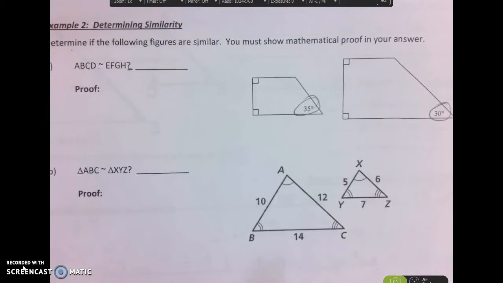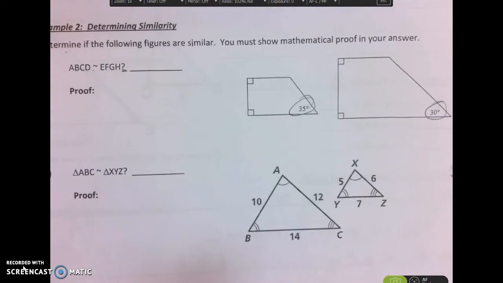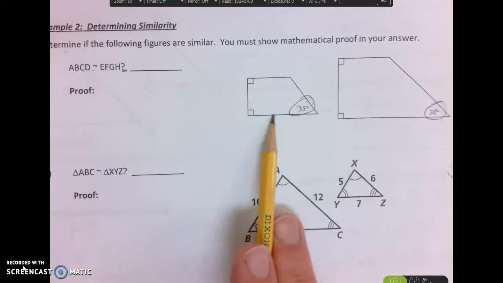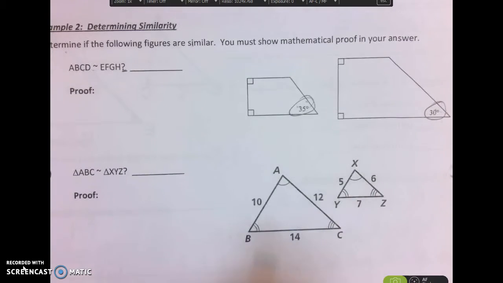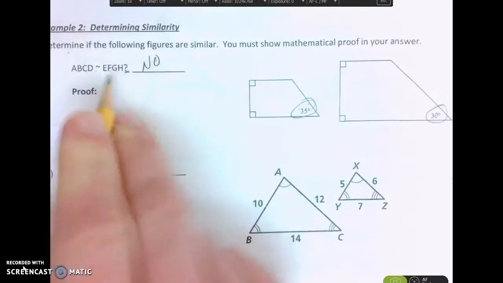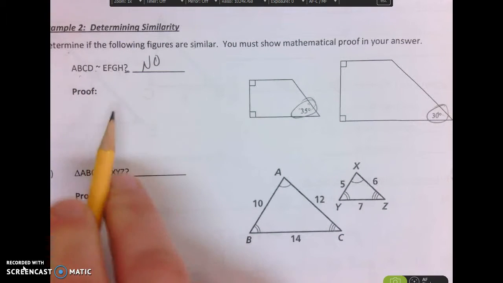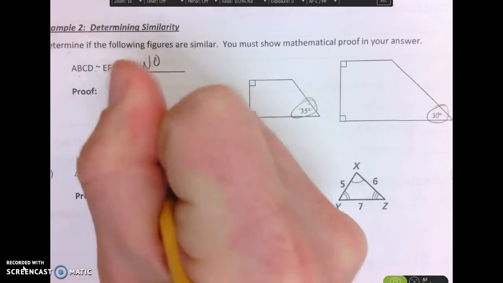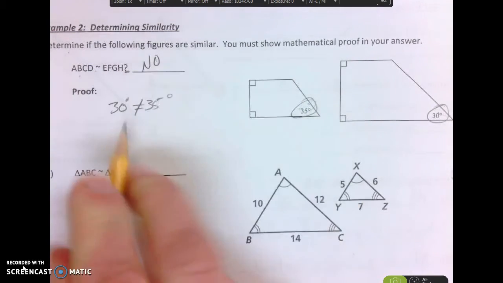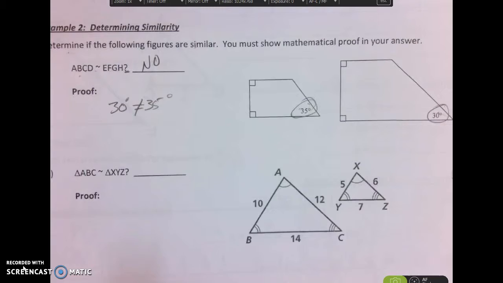We said on the previous page that all angles in similar figures must be equal. Those two are corresponding parts, and they are not equal. So we're going to say no, the shape is not similar to that shape. And the proof is 30 degrees does not equal 35. So the corresponding parts are not equal to each other.